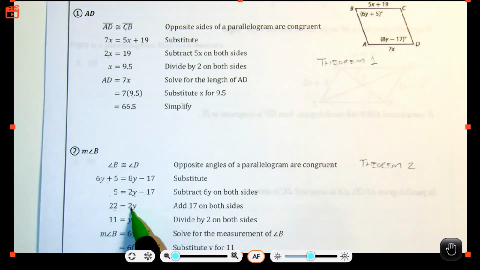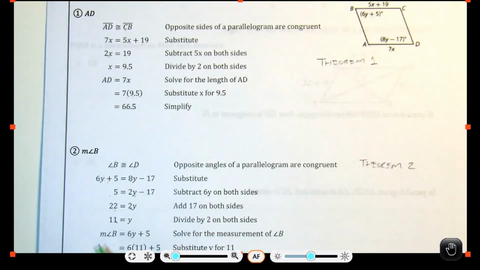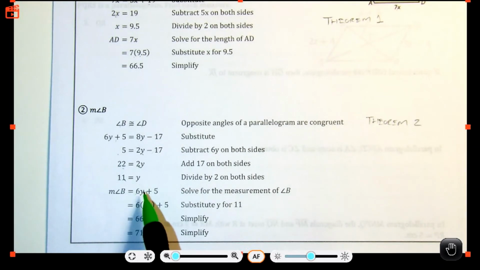So now that you know y is equal to 11, you could plug in 11 for y, because we're trying to solve for angle B. So the measure of angle B is equal to 6y plus 5, or 6 times 11 plus 5. 6 times 11 is 66, and 66 plus 5 is 71. Because we're talking about angles, we use the degree symbol, so this is 71 degrees.